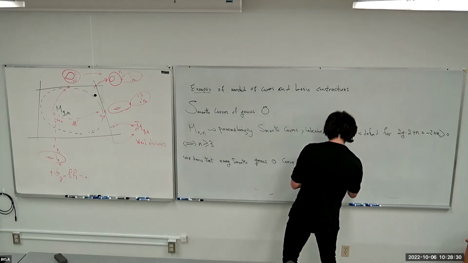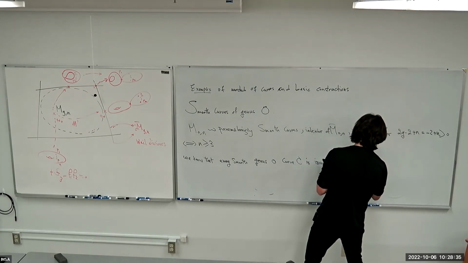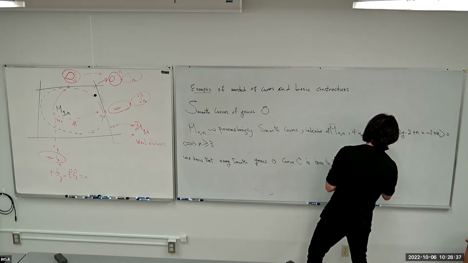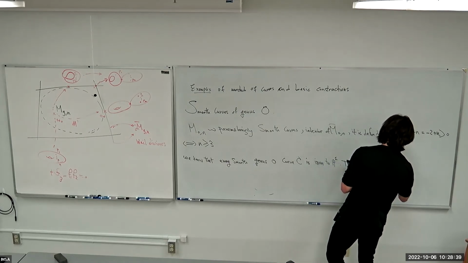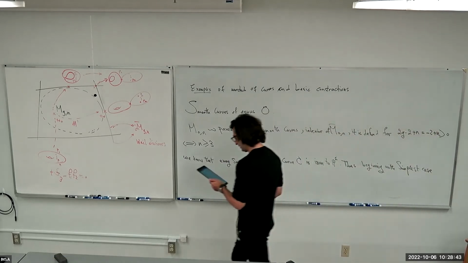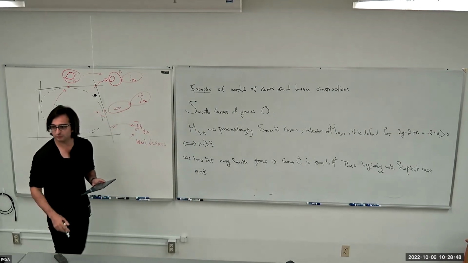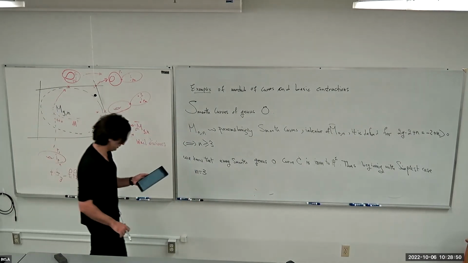Thus, beginning with the simplest case, n equal to 3. n needs to be at least 3, but the simplest case is n equal to 3.